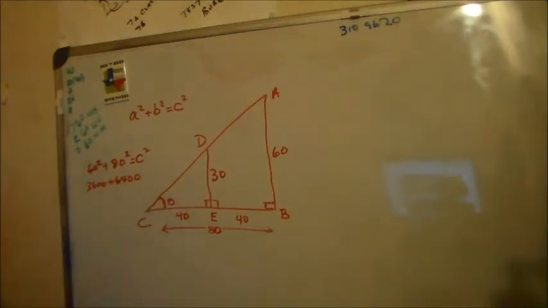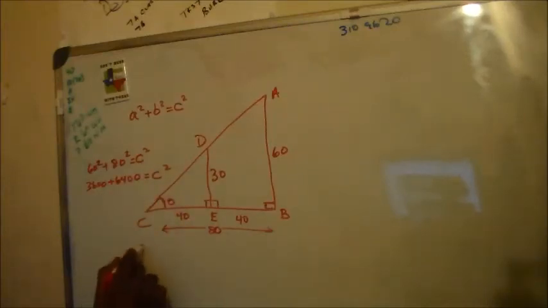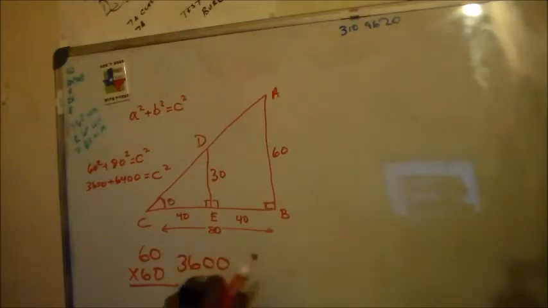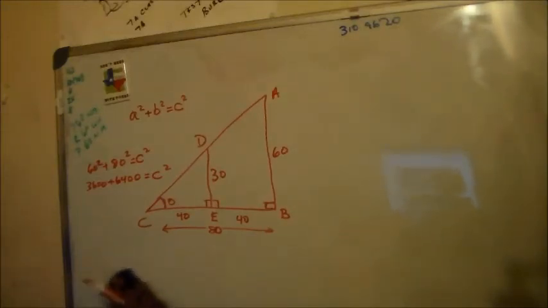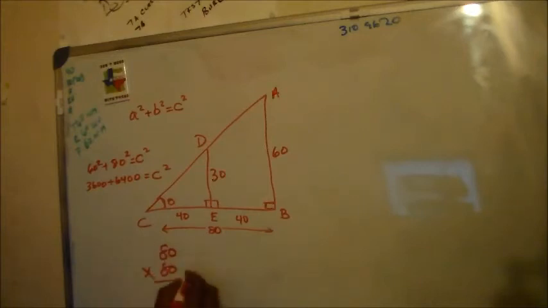To understand how I came up with those numbers, if I have 60 times 60, I'm just going to forget about the zeros and think about 6 times 6, which is 36, and then add the 2 zeros back. Same thing with 80 times 80, just deal with the 8 and 8, that is 64, and then add the 2 zeros, 6,400.